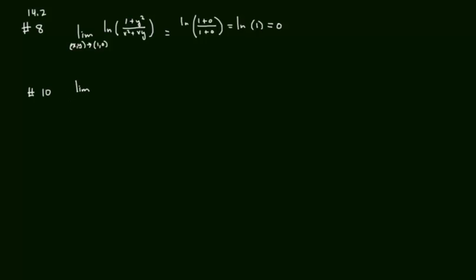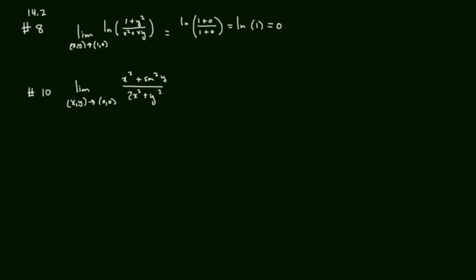Now let's take a look at the next one, number 10. This is the limit as the point x, y approaches, let's say, the origin of some function, x squared plus sine squared y over 2x squared plus y squared. Okay, so there's no simplification we can do here, and we can't simply plug in the point 0, 0.